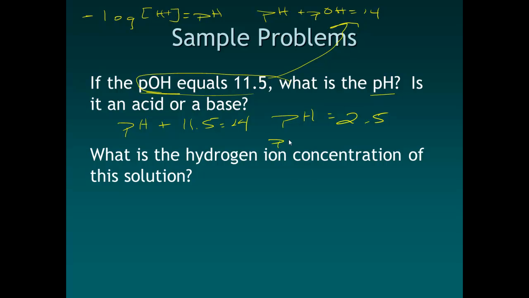Well, since the pH is less than 7, it's an acid. Okay? Very important. Only determine if it's an acid or base by looking at the pH. If you look at the pOH, you'll get the opposite answer, and it'll be wrong.